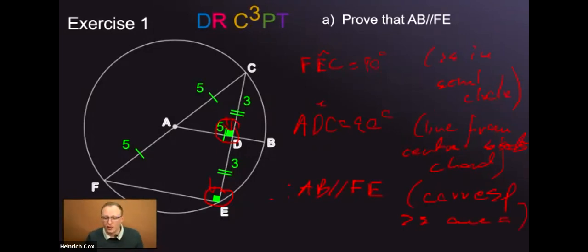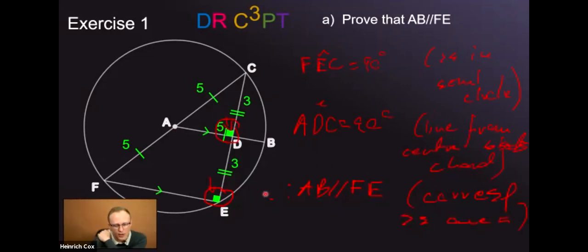Now, if you think back to not so long ago, I told you I've got that golden principle that stands out above all principles for me, and that is: use what you prove. So we have now proven that AB and FE are parallel lines. So we're going to put there that they're parallel lines, and draw in our little parallel markers. But as a result, we might have some other things we can conclude.